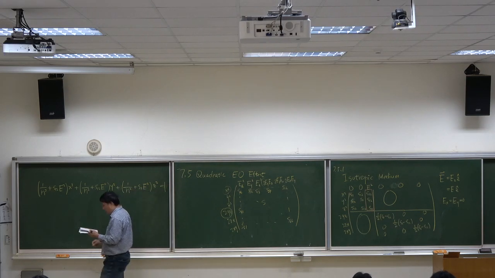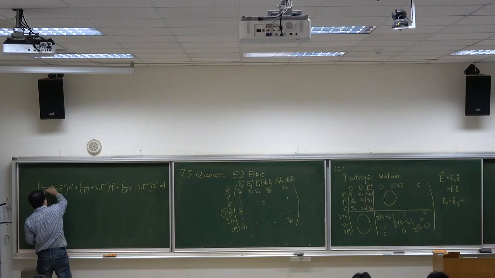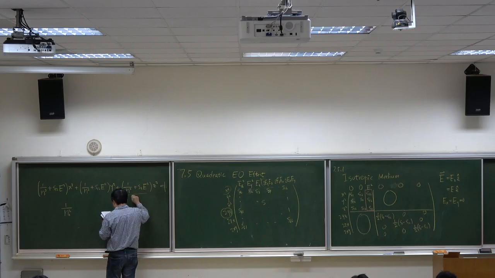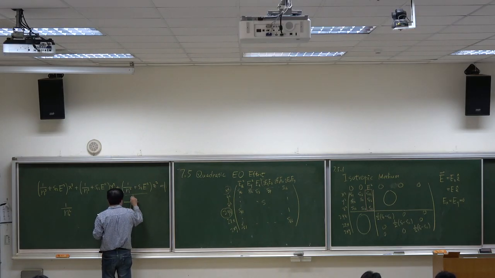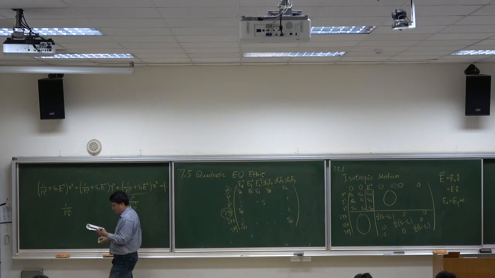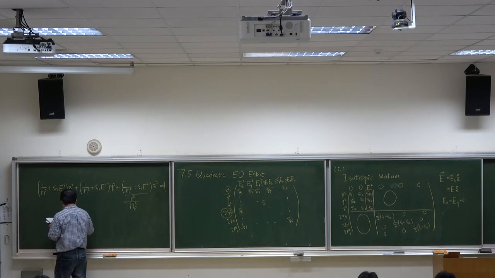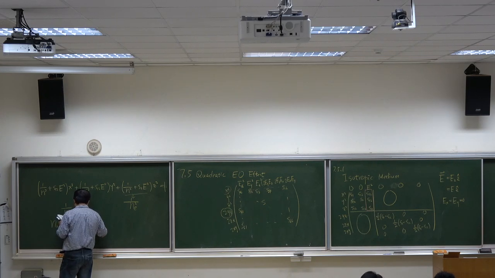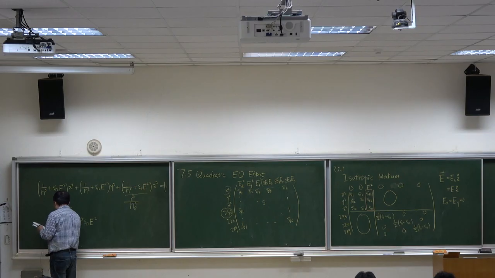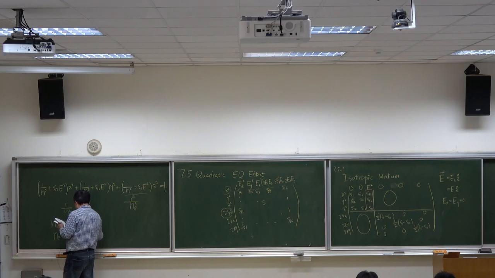So we see that now these two coefficients are the same, so we can identify them as 1 over no squared. And this can be identified as 1 over ne squared. So no is n minus 1/2 n cubed times S12 E squared, and ne is equal to n minus 1/2 n cubed S11 E squared.